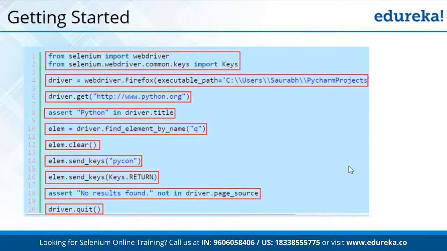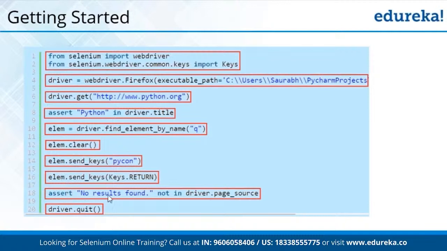First make sure that it is clear by the clear command, and then you type in using send_keys and the alphabets that you want to type. So elem.send_keys, line number 14, "Python", right? So that's what we are trying to search in the Google search.